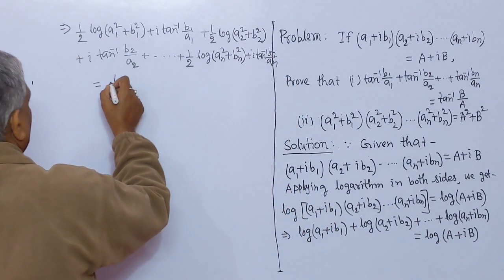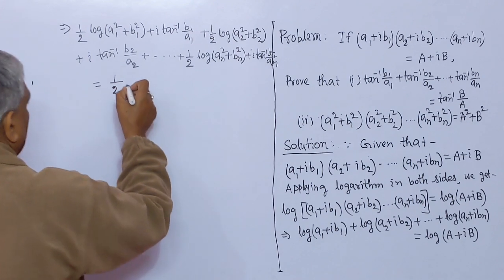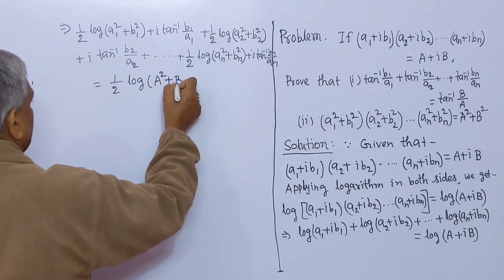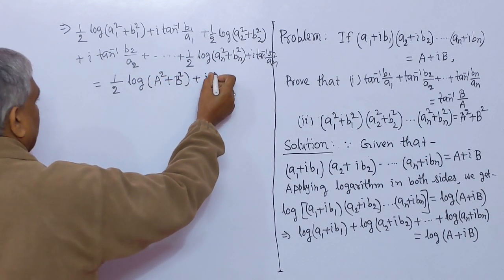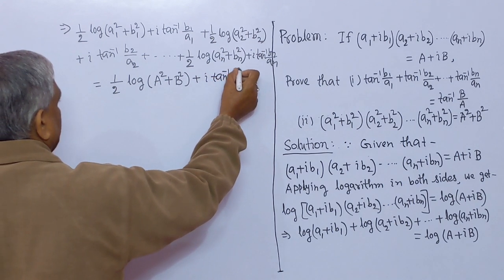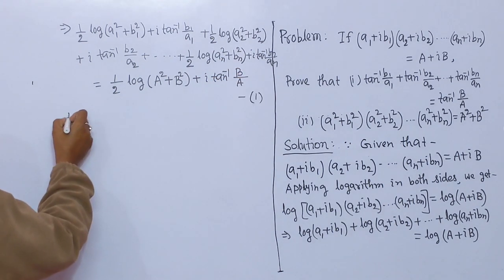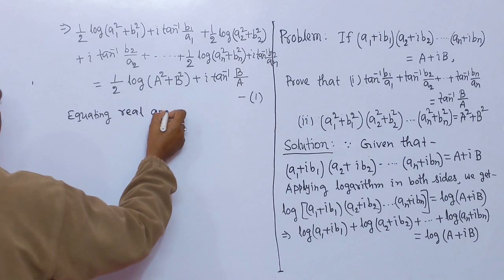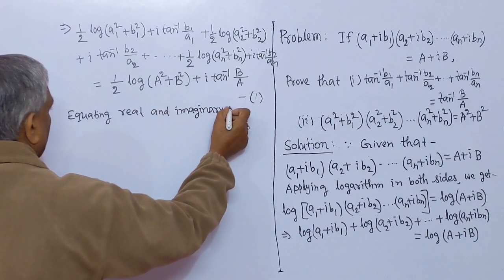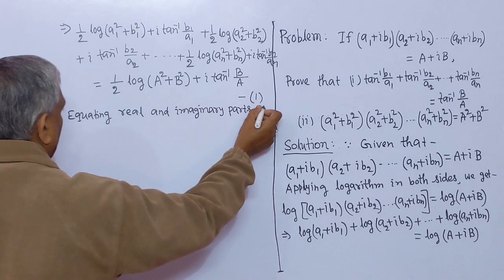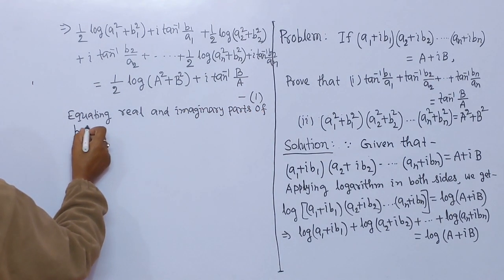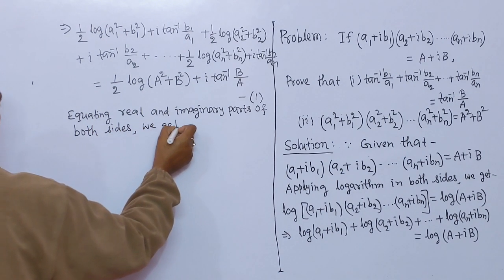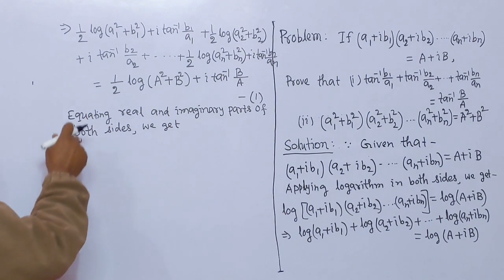This is equal to half log (capital A square + capital B square) plus i tan inverse capital B by capital A. Equating real and imaginary parts of both sides, we get, firstly we equate imaginary parts.